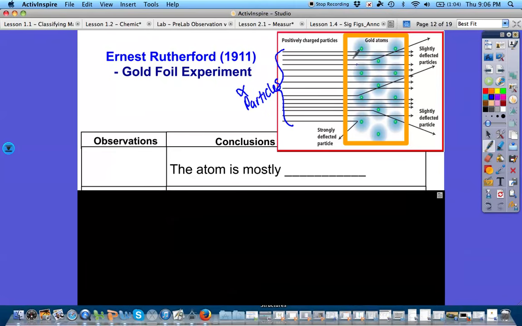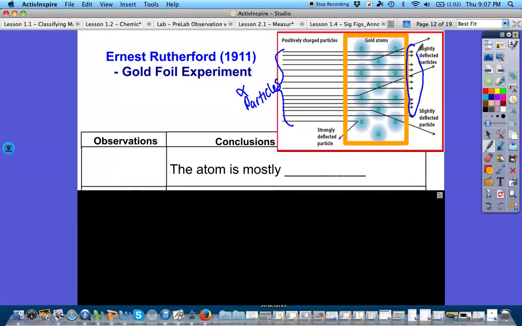When you have this drawing, I just added the kind of orangish gold rectangle to show you where the gold foil is. The green dots here with the blue clouds around them, those are the gold atoms. So the first thing that he observed from his experiment is that most of the alpha particles go straight through.